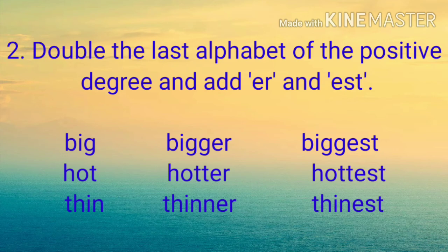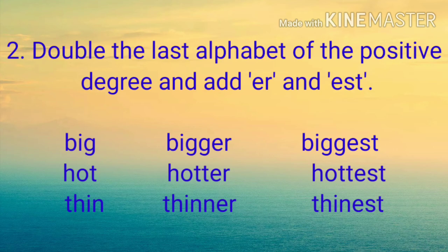So when we convert it to comparative, we double the last letter, it becomes "bigg", and then we add "er" and "est". It will become big, bigger, biggest. Similarly, hot, hotter, hottest. Thin, thinner, thinnest.